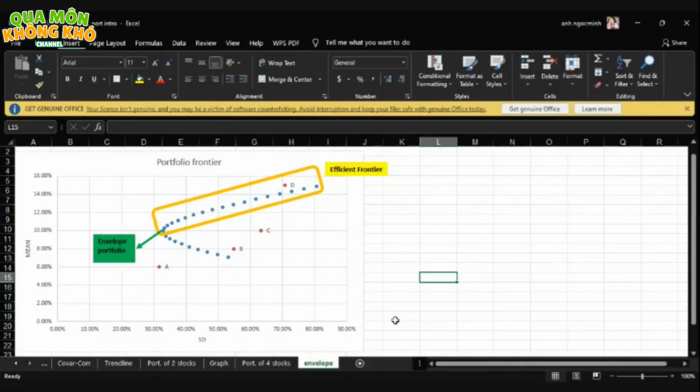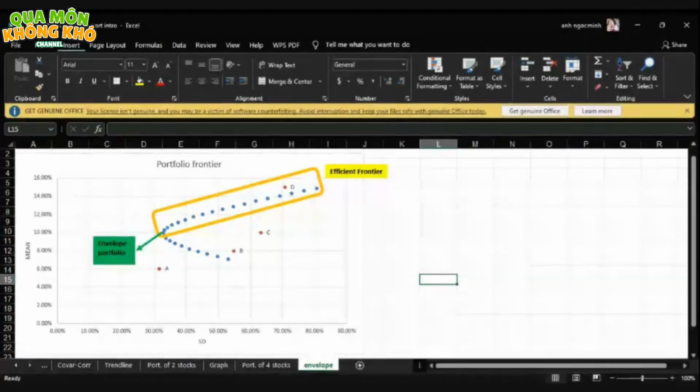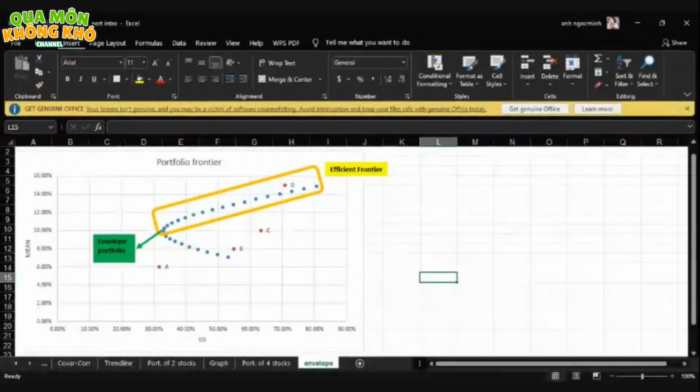On the curve is the envelope, and the efficient frontier is just a part of the curve, starting from the global minimum variance portfolio, the GMVP that we just studied in the first presentation.